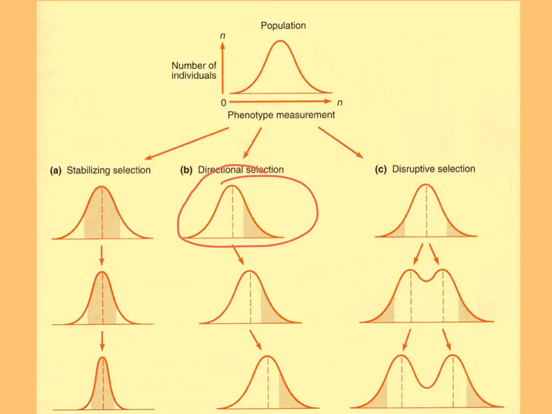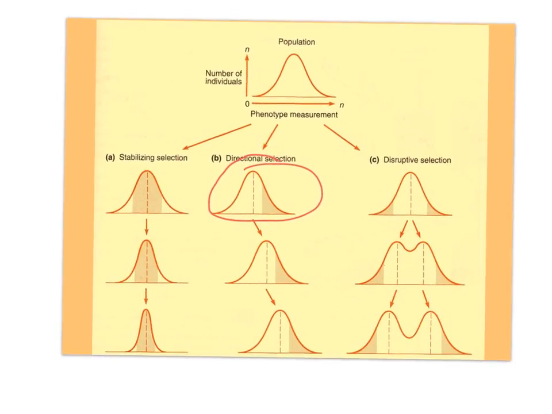The environment changes until finally the mean, which was right around there, is now shifted more and more to the right as, let's say, if it got colder, the fur of the wolves got longer. It can go the other way too. If the climate got warmer, you'd end up with fur that was shorter. That's directional selection.